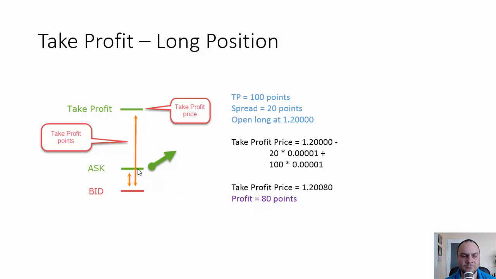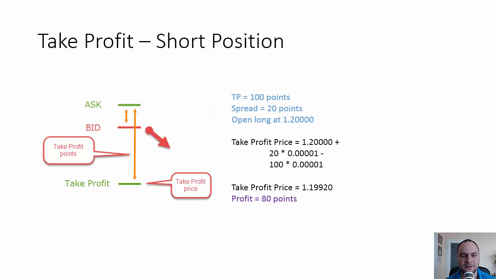Why 80 points? Because we are opening long, we subtract 20 points from the bid price, and here we receive 80 points profit. And the same is true for a short position. We open a short position at bid, we add 20 points to the ask price, and after that move down by 100 points.